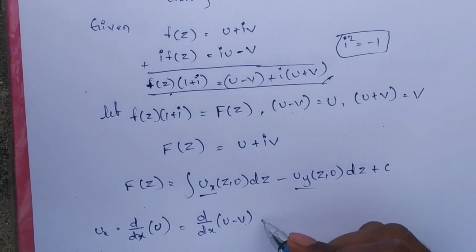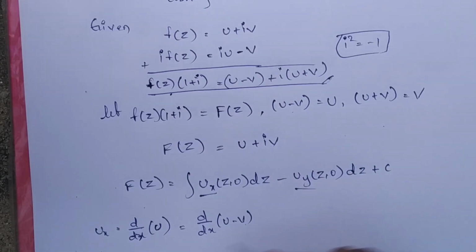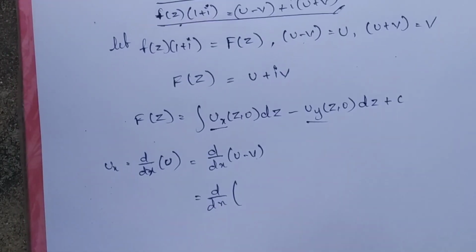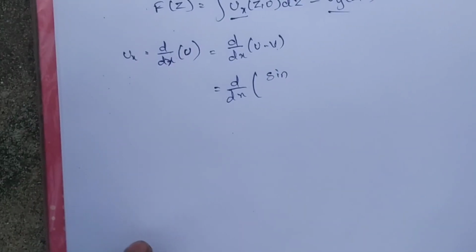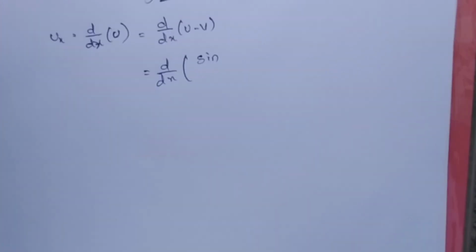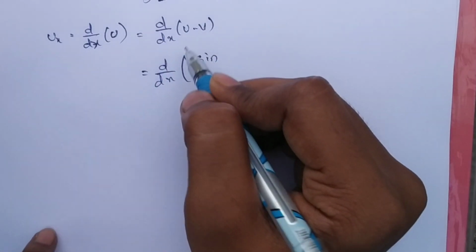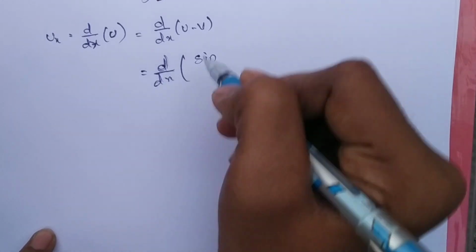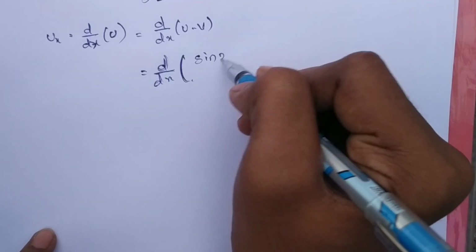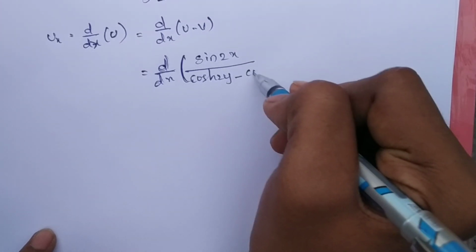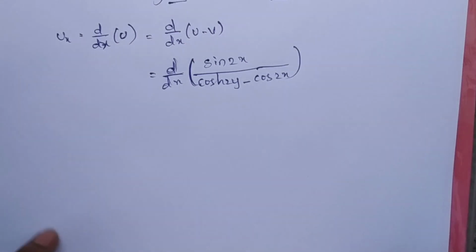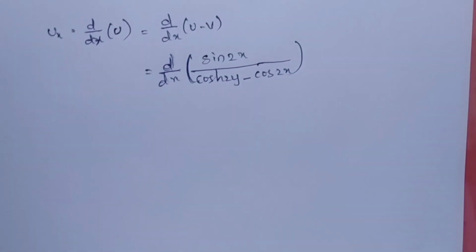Then it becomes d by dx of, if we substitute u minus v from the question, sin 2x by cos h 2y minus cos 2x, right?